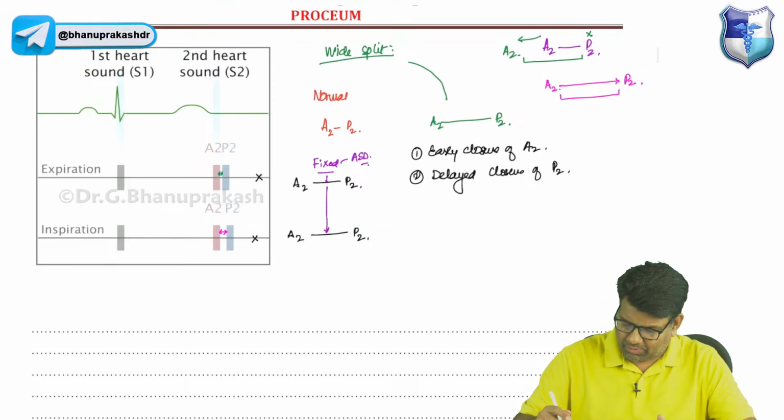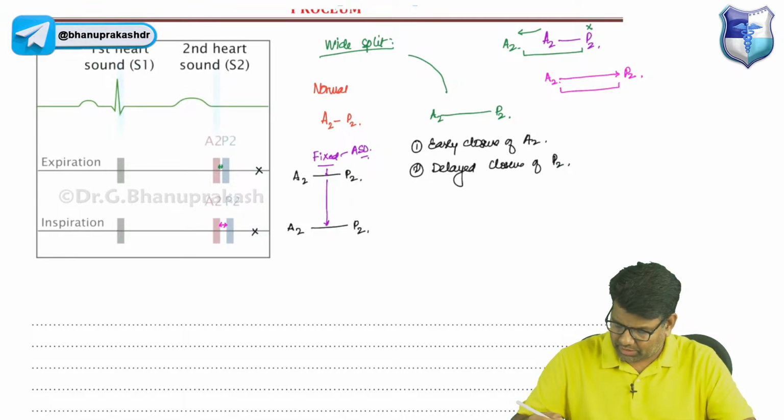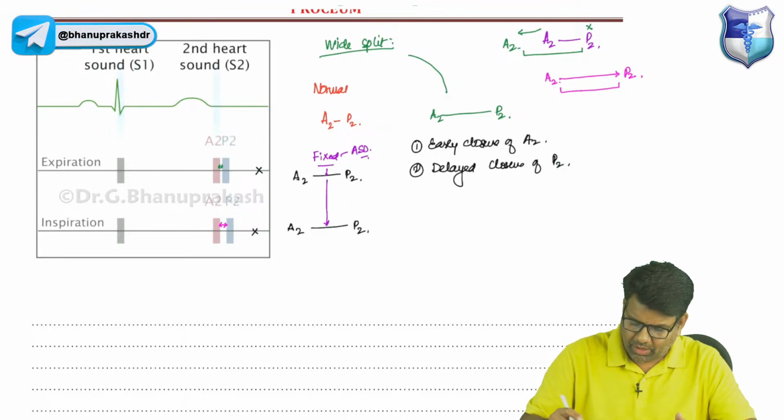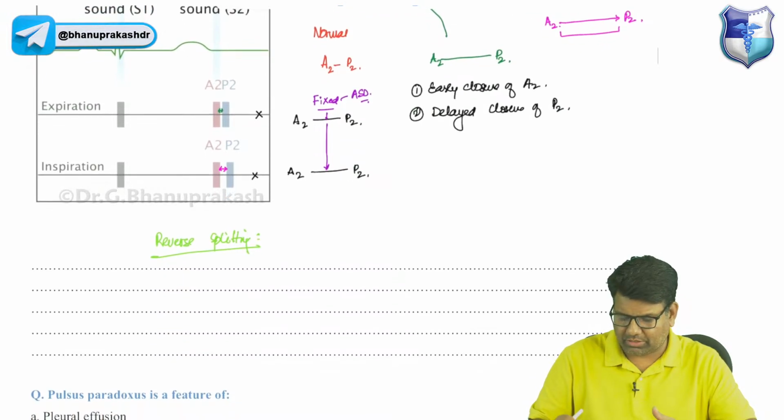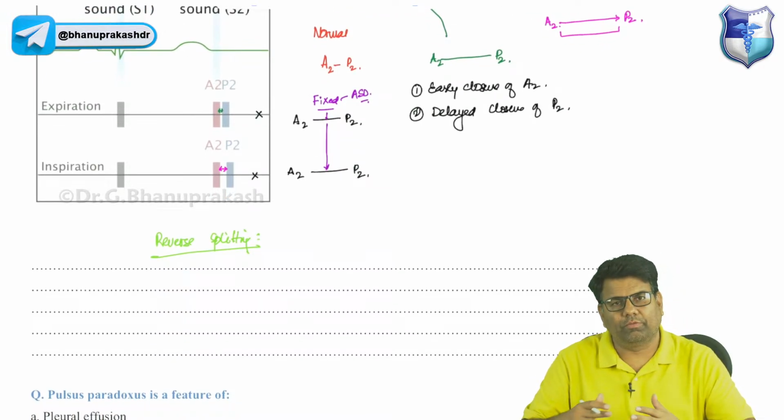Now, taking the same concept, we can discuss one more entity, and that is reverse splitting. Right? Anyone, what is reverse splitting? You can just reverse the pattern of wide splitting.